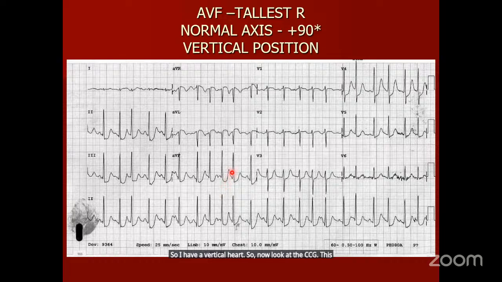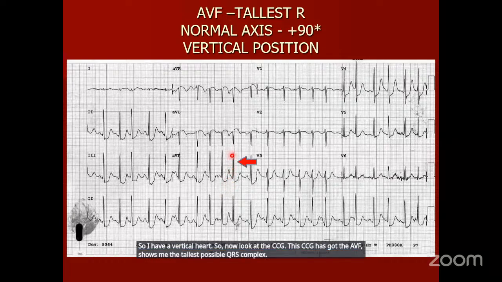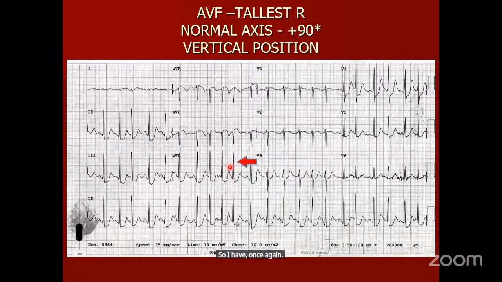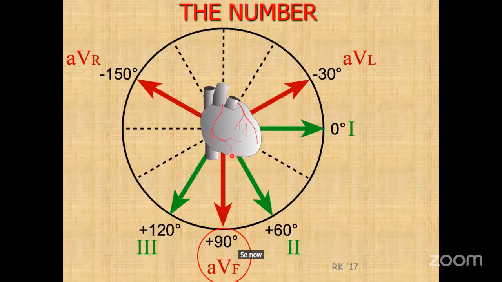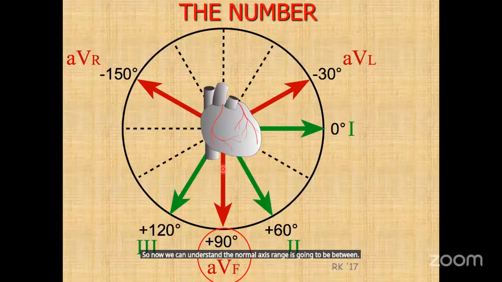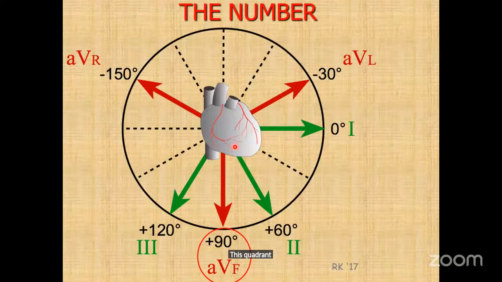AVF shows me the tallest positive QRS complex. So I have once again a normal axis, 90 degrees and vertical heart. So now we can understand the normal axis range is between 0 and 90, which is represented by L1, L2 and AVF. This quadrant is the normal axis quadrant.